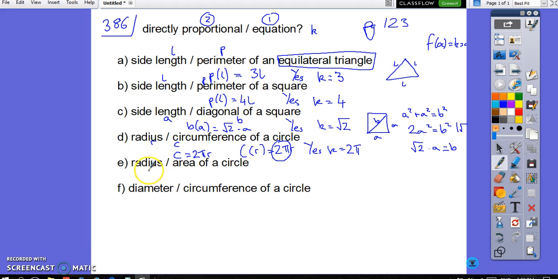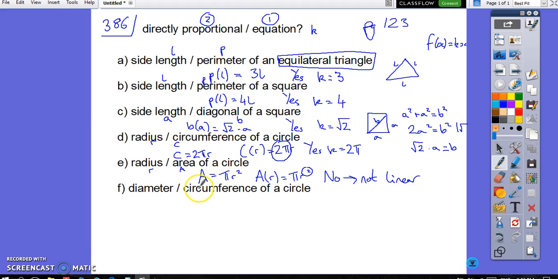The radius and area of a circle, if I call this r and this a, we know that a is equal to pi times r squared. Now here, we definitely don't have a linear relationship. Because we have this r squared here, this is not a linear relationship, so it's not direct proportion. So my reason here is it's not linear.